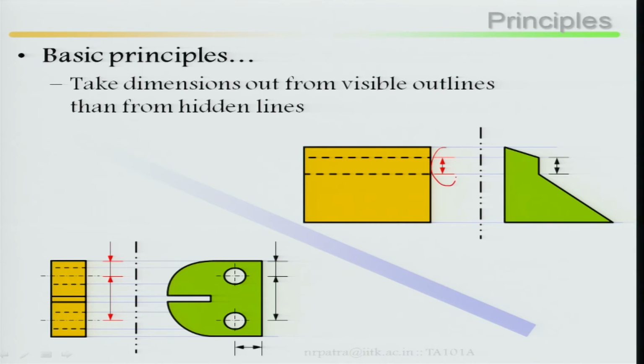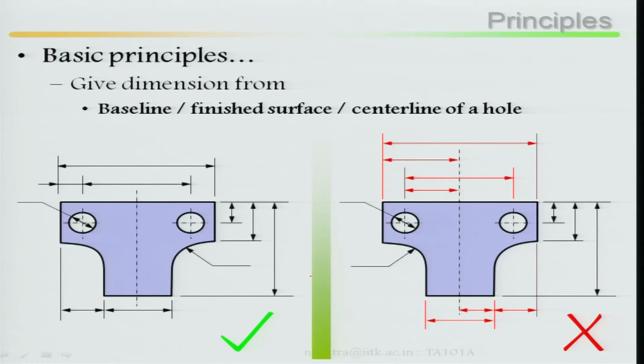Instead of dimensioning here, you take it out here and dimension it. Avoid dimensioning from hidden lines. Here this is your hidden line; instead of doing this, you do this, and this is correct. This is your third point.